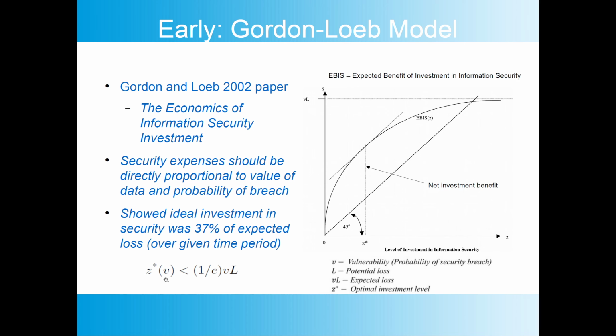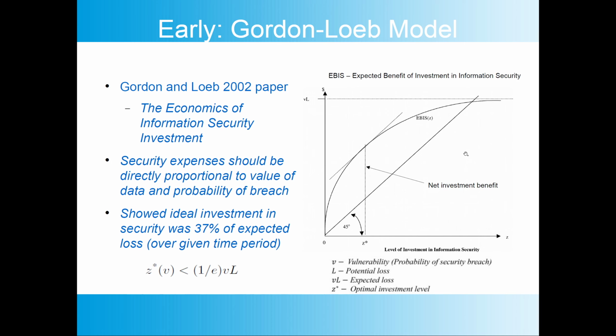Here, Z as a function of the probability of a breach is the investment level, and Z star is the optimal investment level. 1 over e is a constant, and this L value is the potential loss, like the total value of the information at a company or organization.